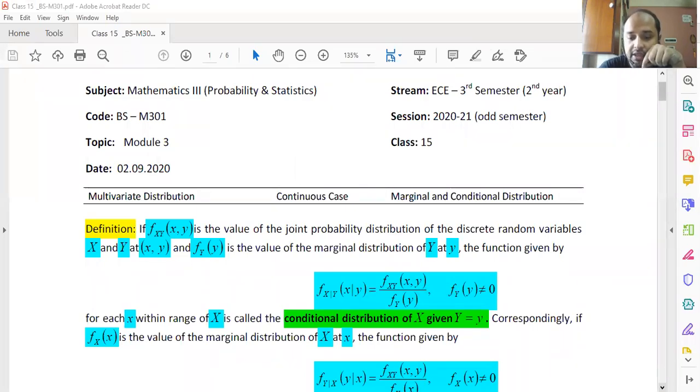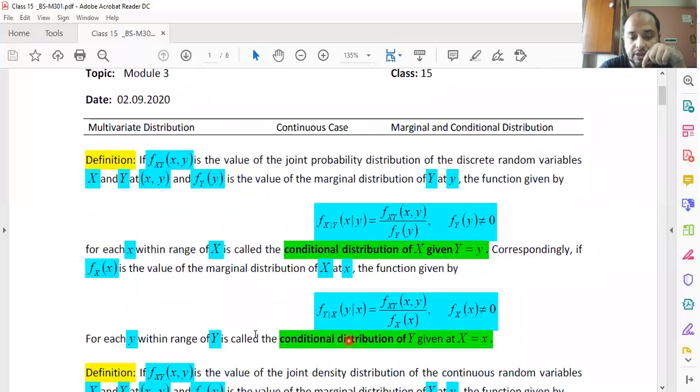Similarly, you can build your definition of the conditional distribution of the random variable capital Y, given that capital X has taken one value, and that is defined as f of capital Y given capital X of small y given small x is equal to the joint probability of the two variables divided by the marginal probability of the variable capital X, given that the denominator is non-zero. So these are the two definitions of conditional distribution.